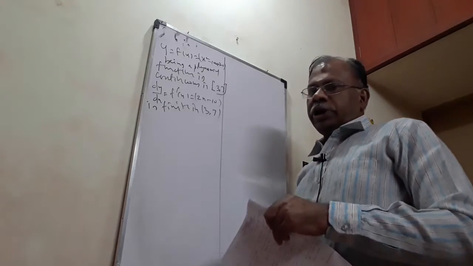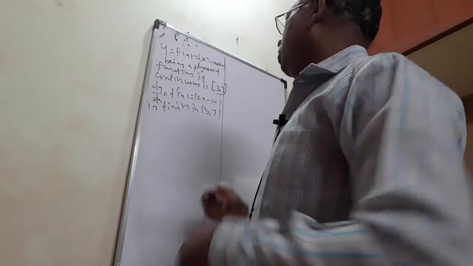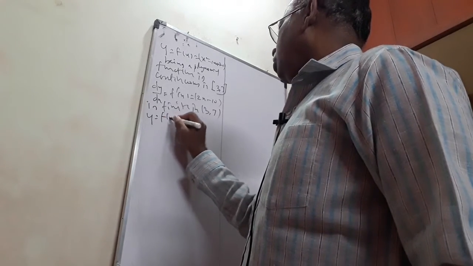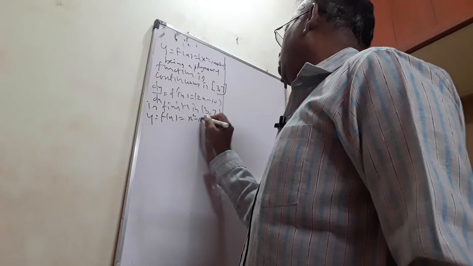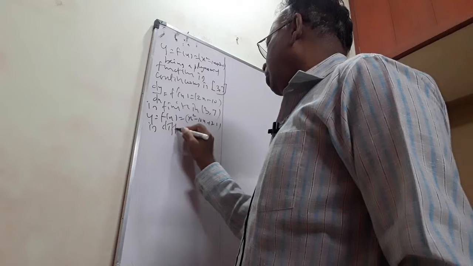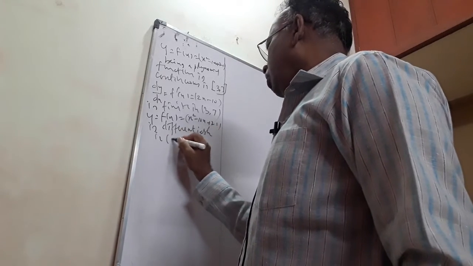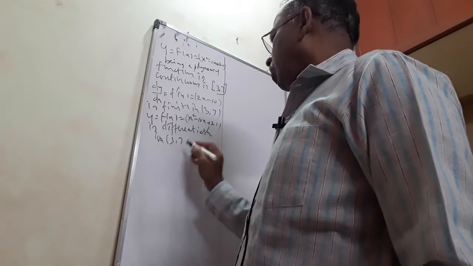When the derivative is finite, the function is differentiable. That's the meaning of differentiability. Therefore f of x is differentiable in the open interval (3, 7).